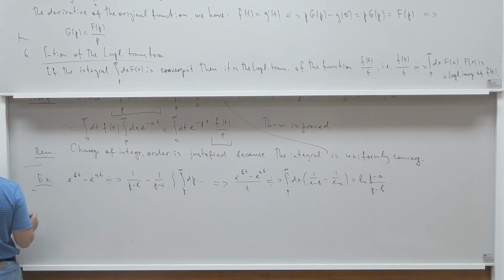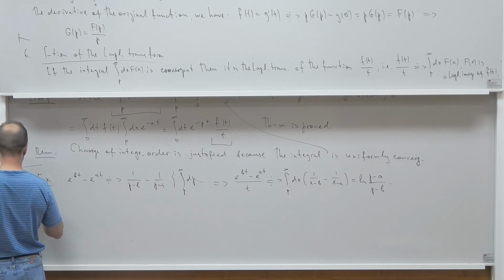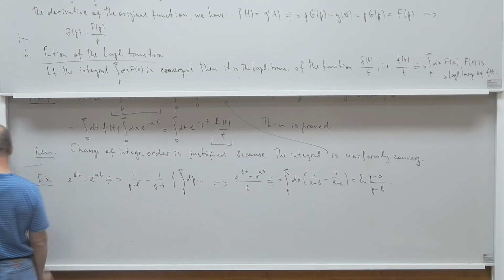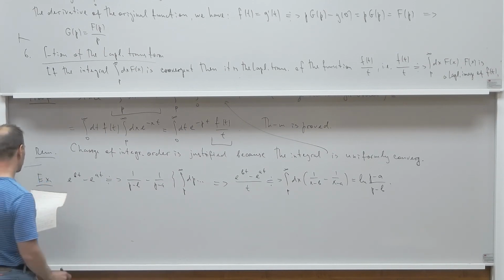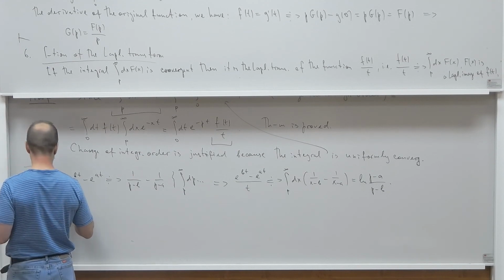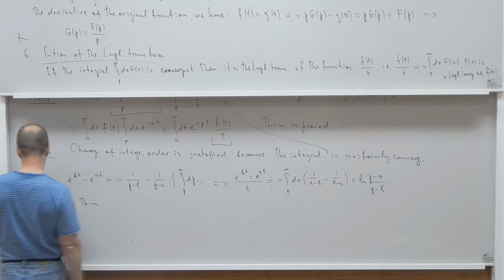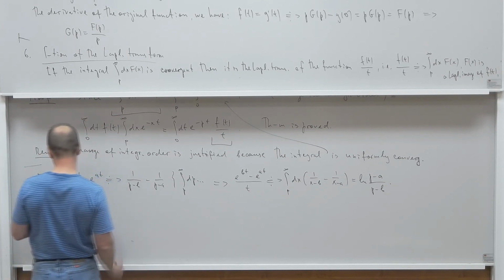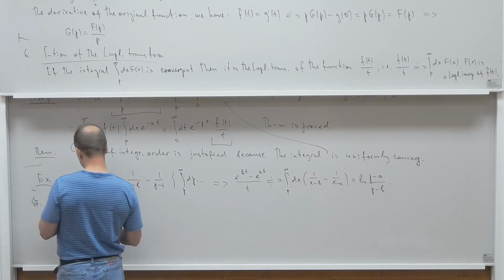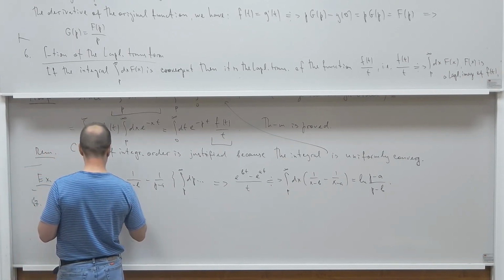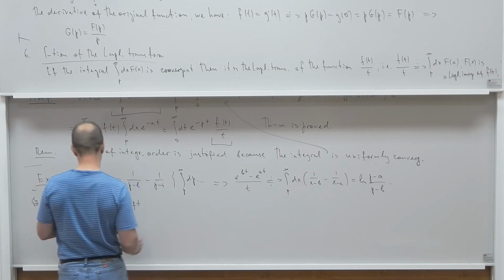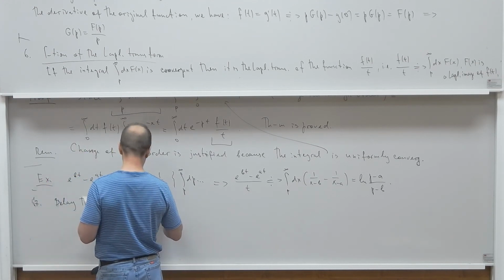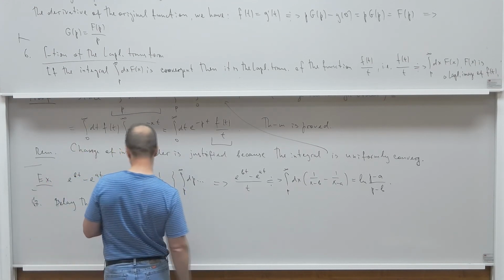Okay, the next property. Theorem. Another name of this property is the t-shift rule, translation rule, or t-translation rule.